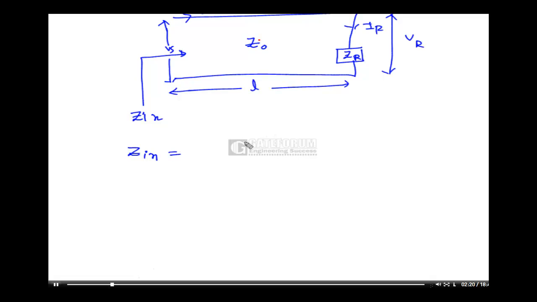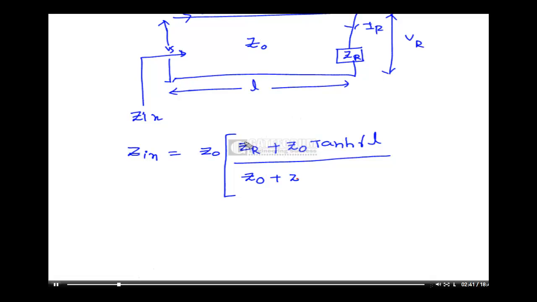So Zin is equal to Z0 into (ZR plus Z0 tanh gamma L) by (Z0 plus ZR tanh gamma L).